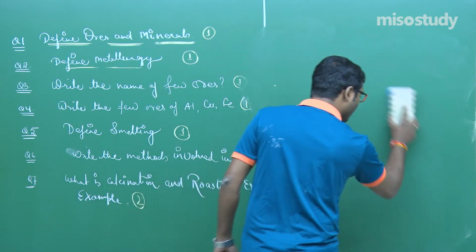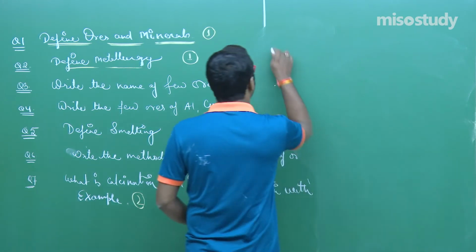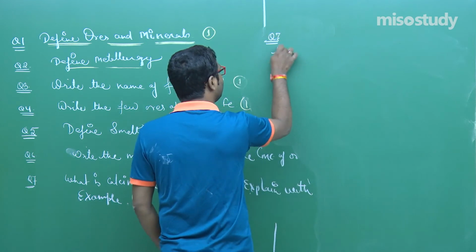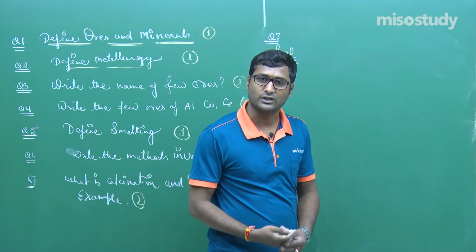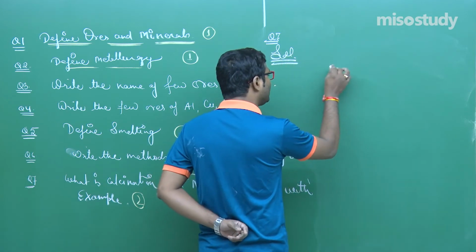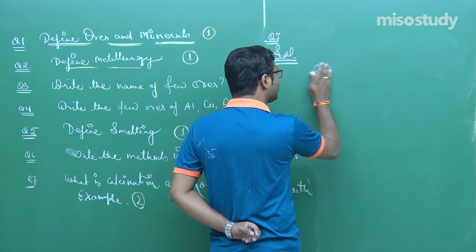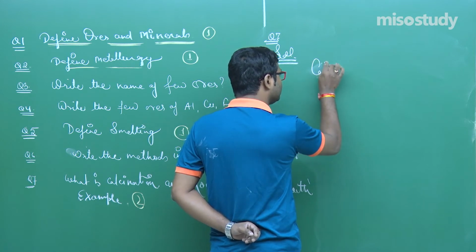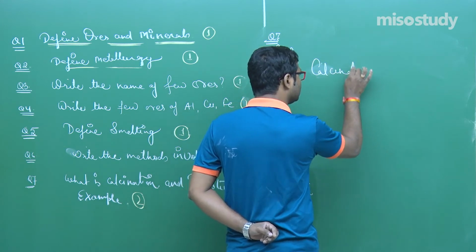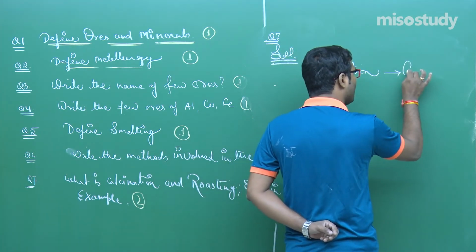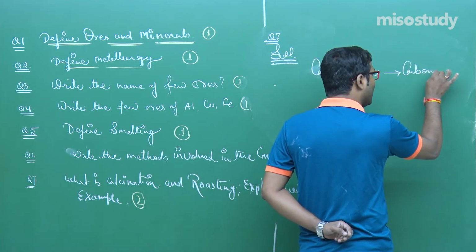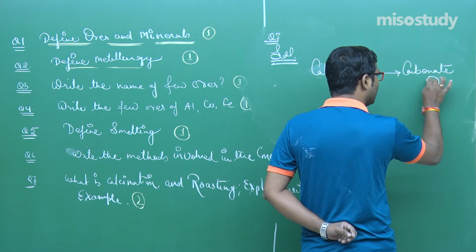What is calcination and roasting? Now listen carefully to what I am telling you, my friend. Simple. If I talk about the process of calcination, then it is basically used in case of carbonate ore.